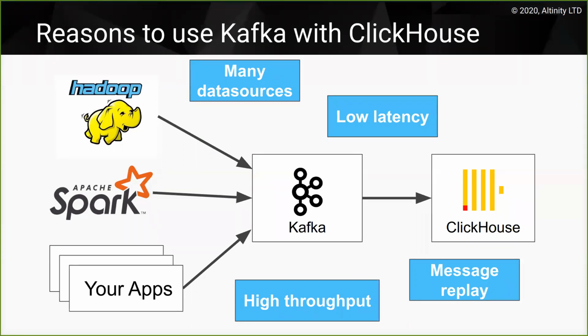That's really important. Another one is that Kafka has very low latency. So you put something in, you can read it out often within seconds or even fractions of seconds. This is an important capability. Another thing is that Kafka scales very, very well.